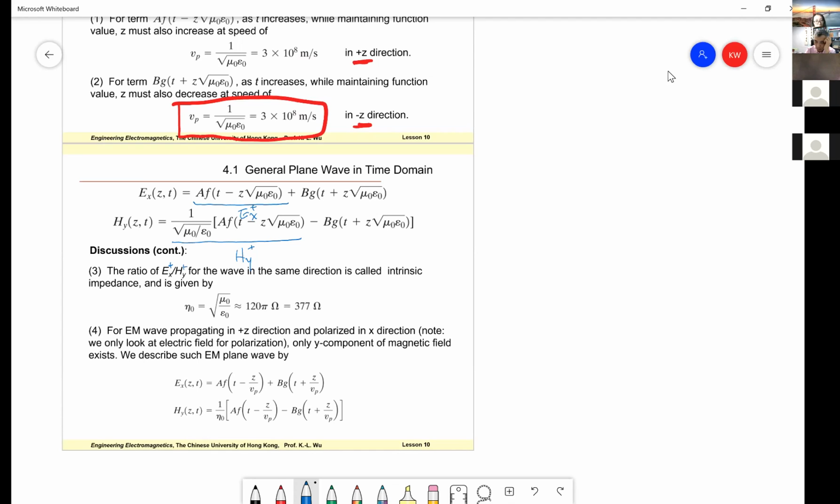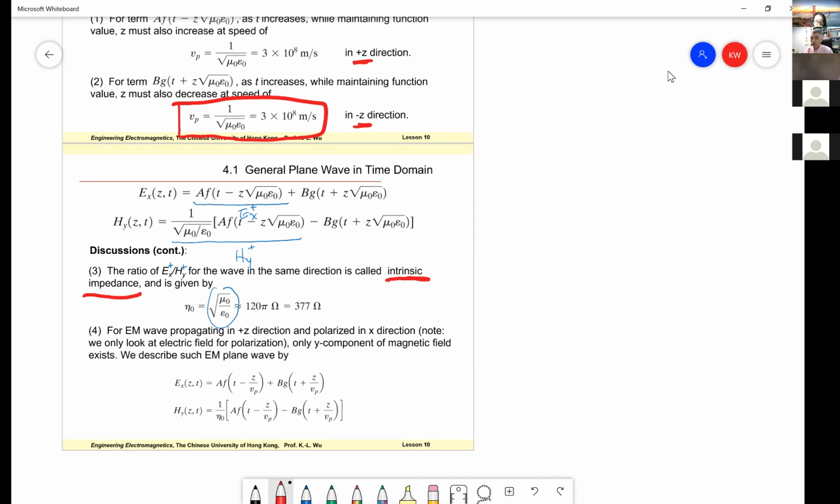If you take the ratio of them, this ratio equals a constant. This constant we gave a very special name. Usually if something is given a special name, it must have a very important position. We call it the intrinsic impedance.